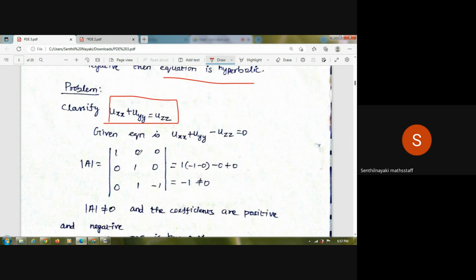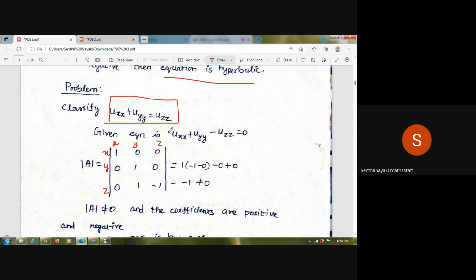And we have to collect the coefficients. So here x, y, z. Similarly here x, y, z. So here x into x, this entry is x into x. So the coefficient of xx is 1.